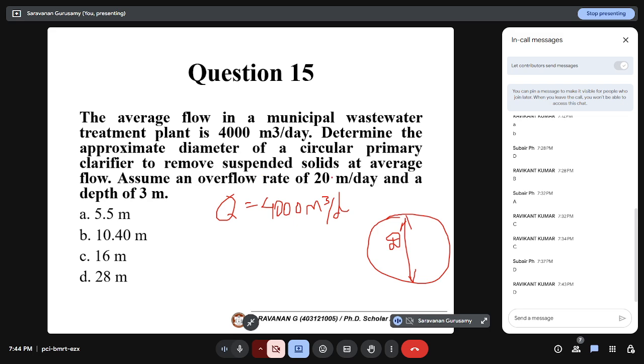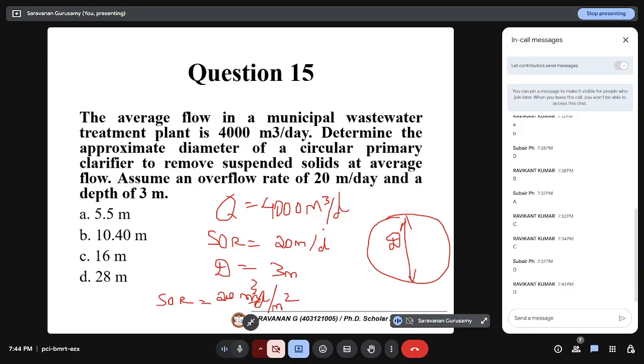To remove the suspended solids at average flow, assume the overflow rate, SOR, is given as 20 meter per day and the tank depth is 3 meter. SOR I can rewrite as 20 meter cube per day per meter square, right?